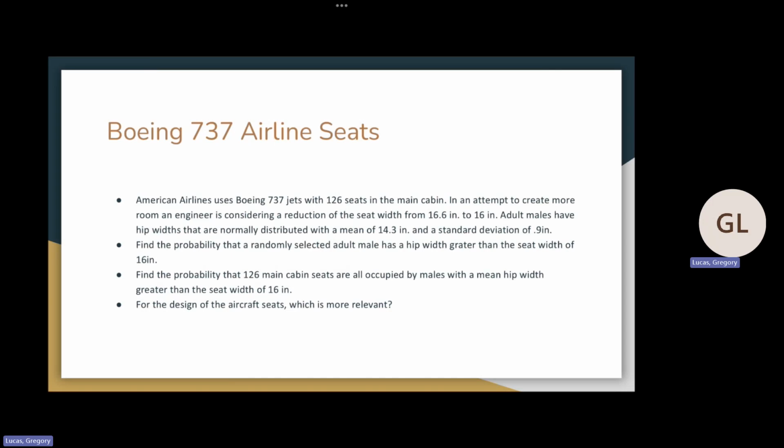We want to find the probability that a randomly selected adult male has a hip width greater than the seat width of 16 inches. We want to find the probability that 126 main cabin seats are all occupied by males with a mean hip width greater than the seat width of 16 inches.